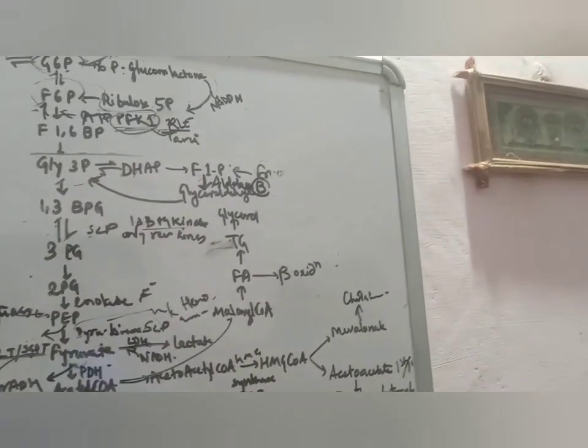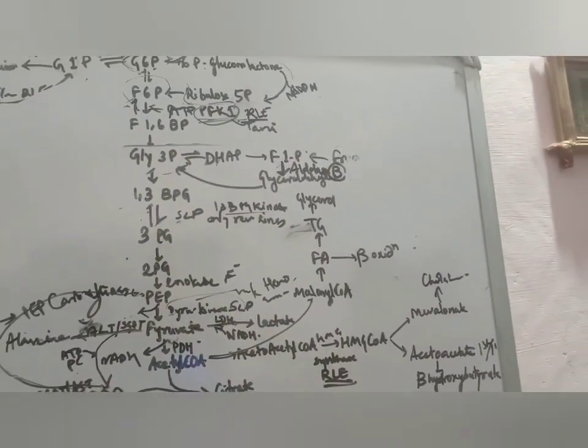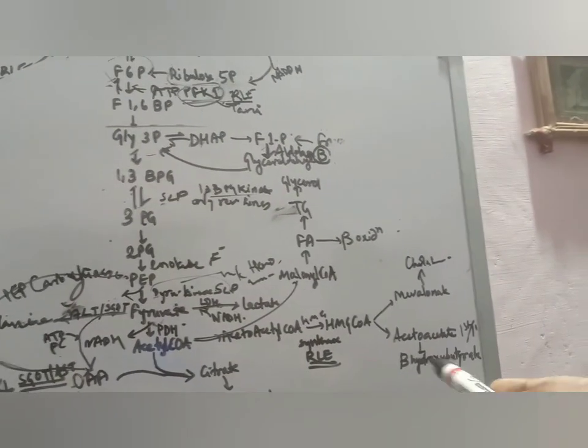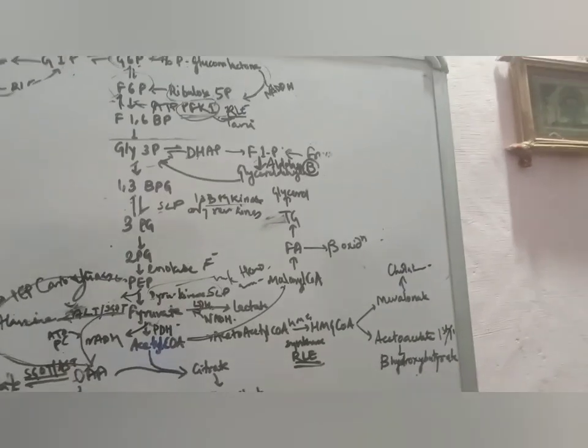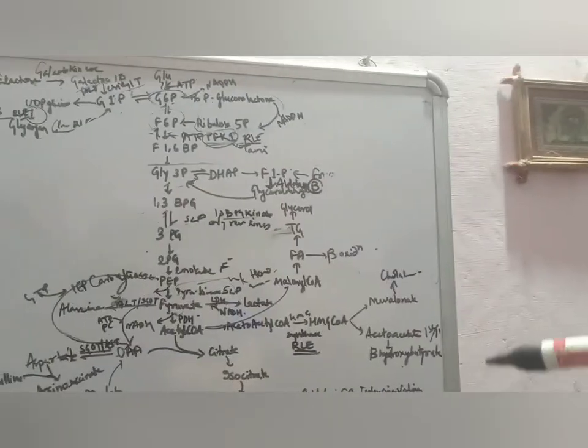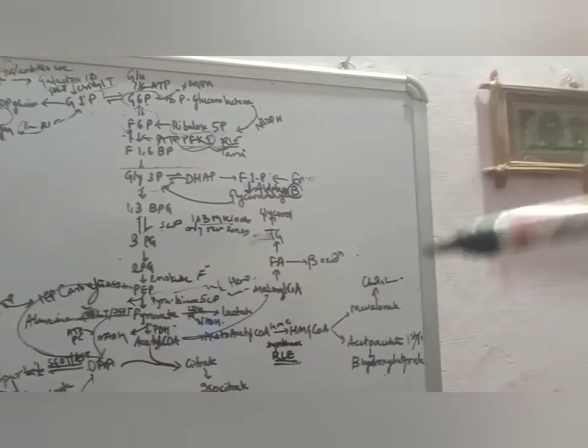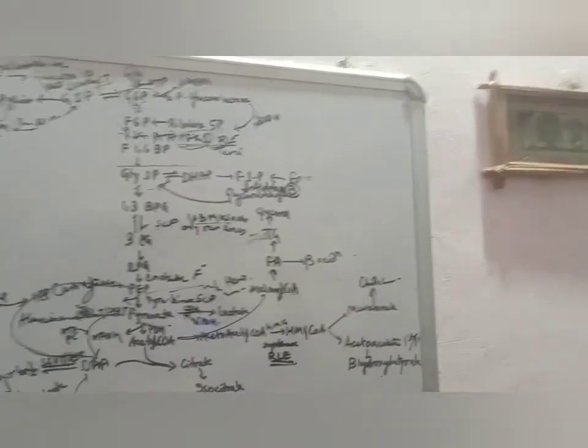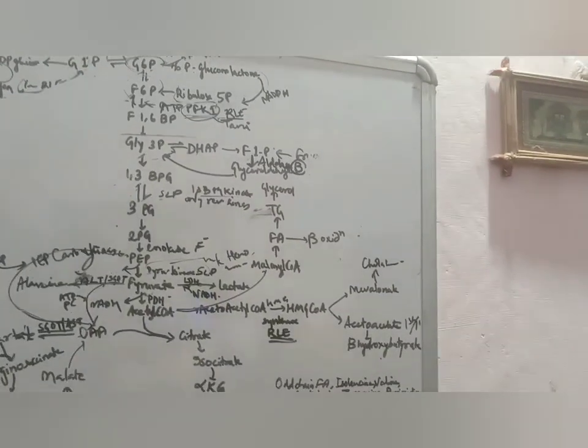You have all heard of 3 ketone bodies. So where is acetone? This is formed in the liver. Then these two will enter into the blood. They are interchangeable, acetoacetate and beta hydroxybutyrate. Beta hydroxybutyrate can turn into acetoacetate, and acetoacetate can split into acetone, which is there in the blood.